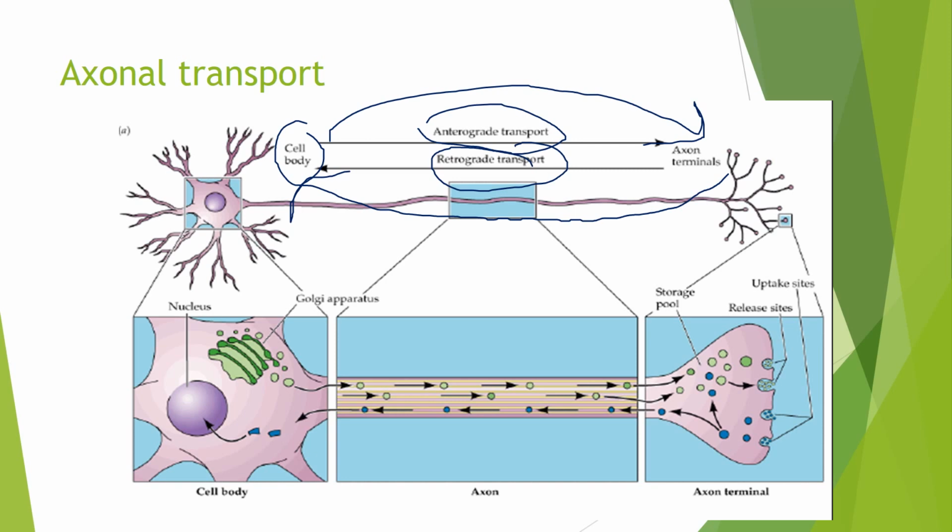But sometimes this is detrimental, where with retrograde transport, sometimes we can accumulate waste products or viruses that can affect them and damage the cell body. However, an example for anterograde transport is of mitochondria, where we need to have a lot of mitochondria when we have action potentials, so it helps with influencing of the neurotransmitter release.